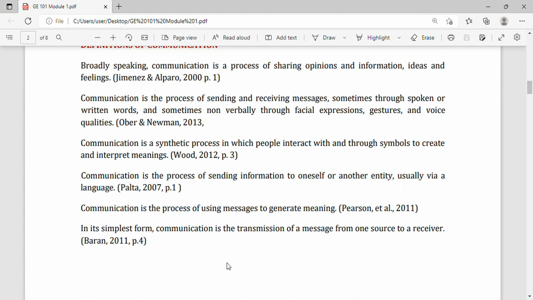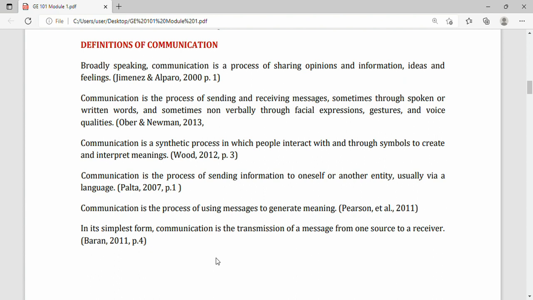And in some cases, we do communicate but we don't receive a response. So nagko-communicate tayo, nagsasend tayo ng message, pero minsan hindi tayo tumatanggap ng reply. For example, it's a memo from the admin, 'di ba?